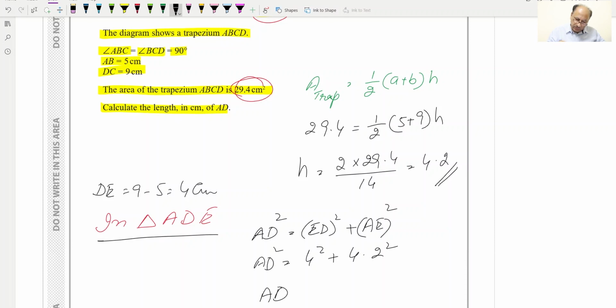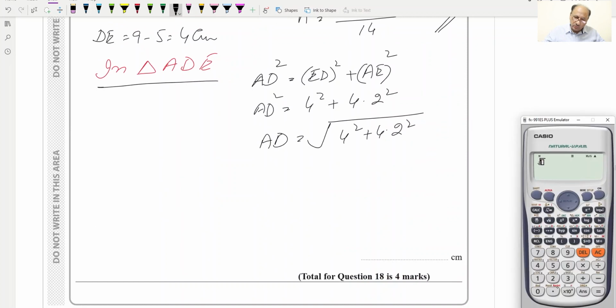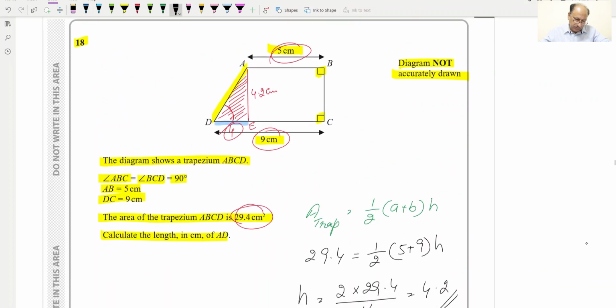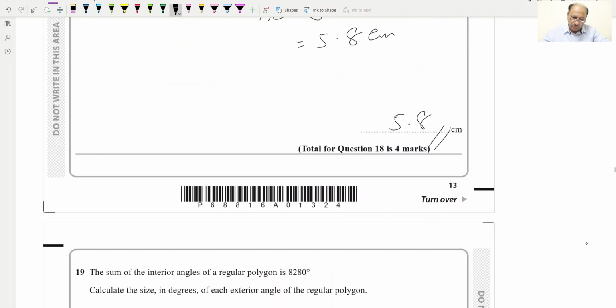So AD will be equal to the square root of 4 squared plus 4.2 squared, and this is equal to 5.8. So the AD side is 5.8 centimeters. 5.8 centimeters will be our answer, and we were supposed to find AD, which we have done. Hopefully you understood this.